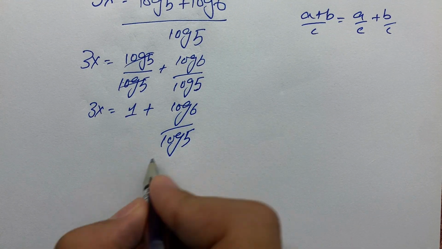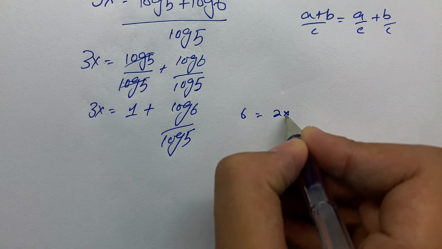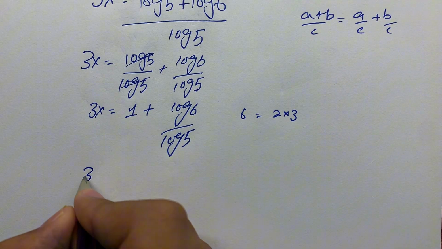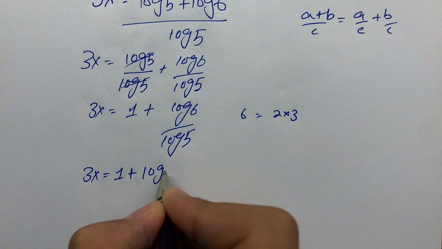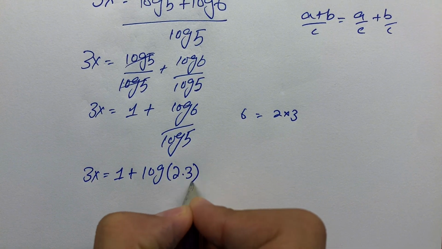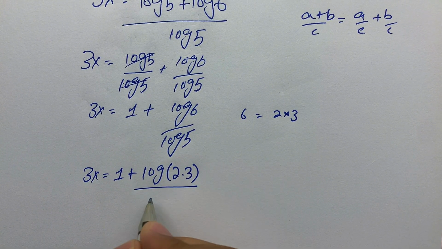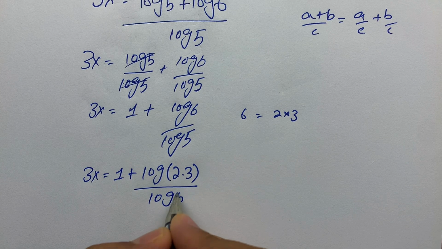In the next step, 6 is equal to 2 multiplied by 3, and 3x is equal to 1 plus log of 2 times 3 divided by log of 5.